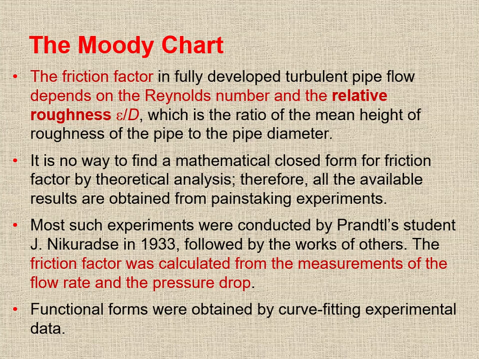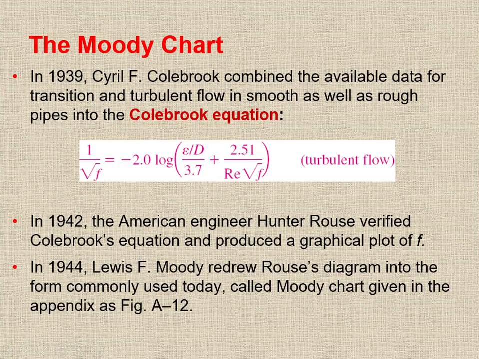Functional forms were obtained by curve fitting the experimental data. So whatever results we got by increasing the flow rate and calculating the pressure drop, we basically plot in curve form.